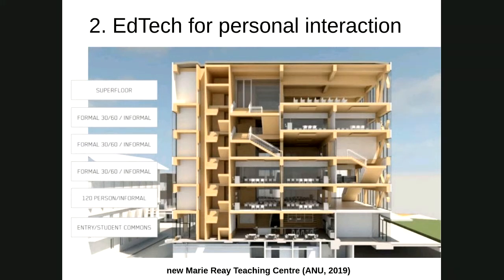I think one of the things we have to keep in mind is the human element. I've been spending 10 years teaching online with students, mostly in Canberra, but some around the world, using tech. But a few weeks ago, the ANU built me a shiny new teaching building, which is essentially an IKEA flat pack bookcase scaled up.